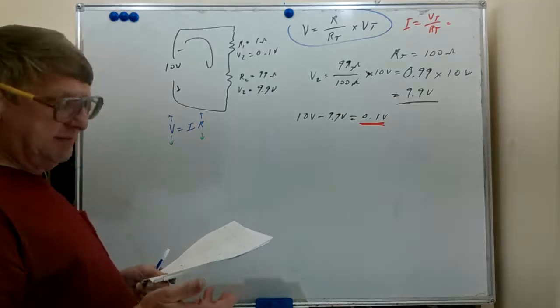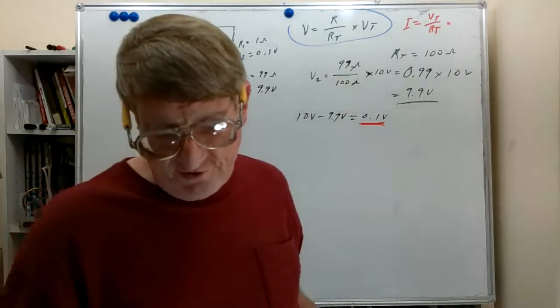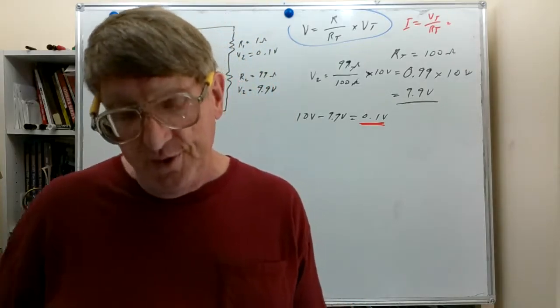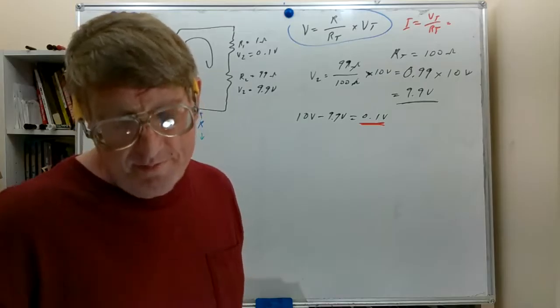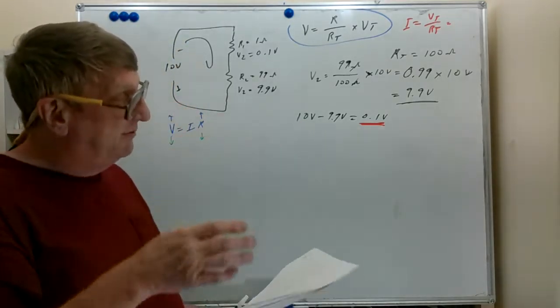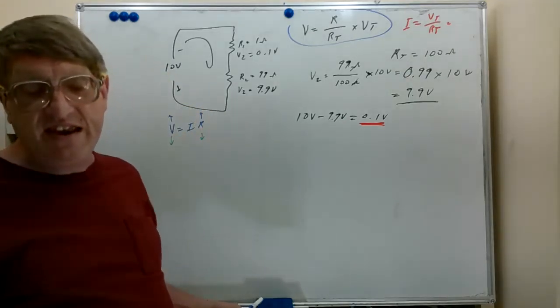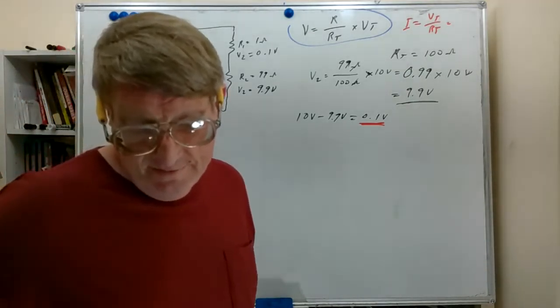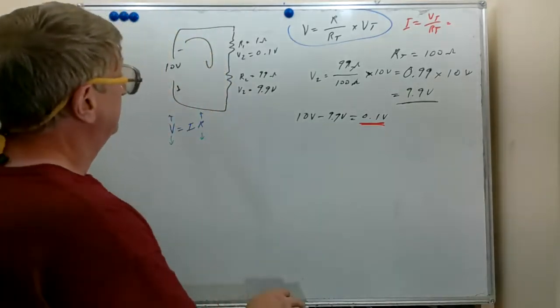And of course, what you probably saw as the advantage of the voltage divider method here is that we did not have to calculate the current, and it can happen that the current might be a clumsy number with a lot of decimal places. So it was convenient, and it saves you one step. So it's a good method.